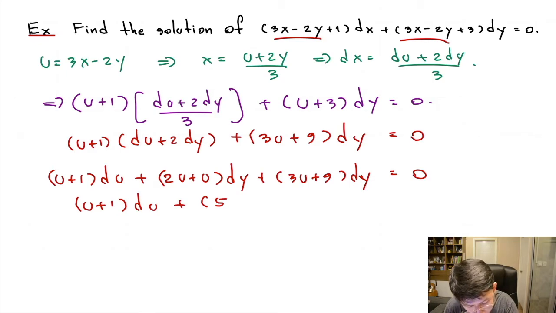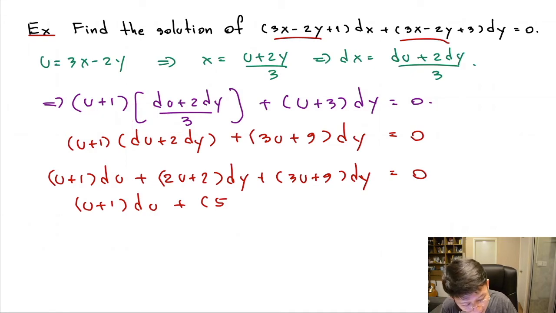It's 2u plus 2, right? I multiply this into the parentheses, so it will be 2u plus 2 dy. Sorry.